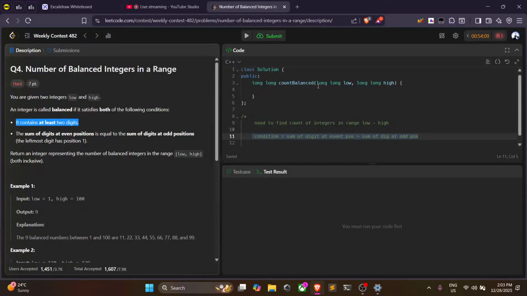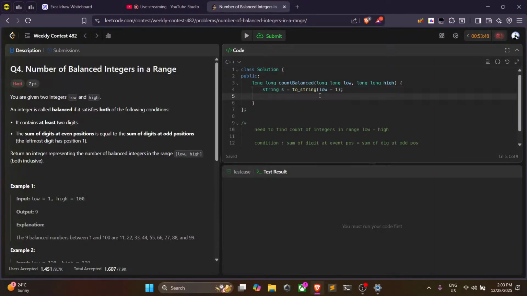Let's just go with digit DP. So I will have a string s, which is converting low into low minus one, basically for the digit DP. And then I will have a DP, which is basically, oh, we can do it that way also.